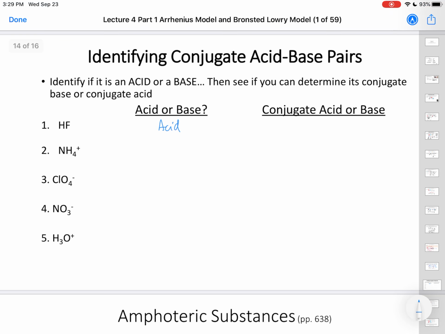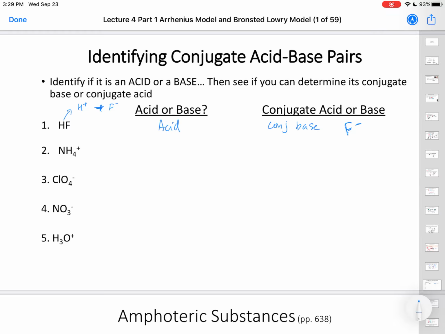So HF is obviously an acid. Okay, it will donate an H plus, okay? So therefore the conjugate base is going to be F minus, right? Okay, because if you donate an H plus, okay, then therefore all that's left is your F minus, okay?